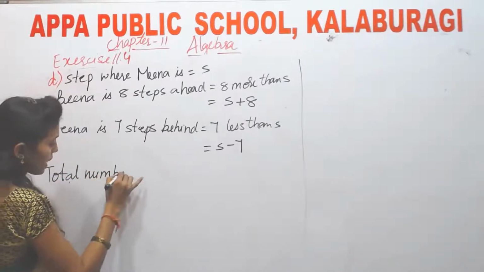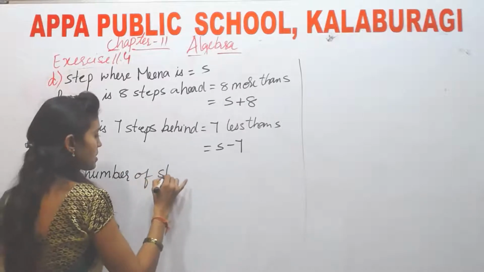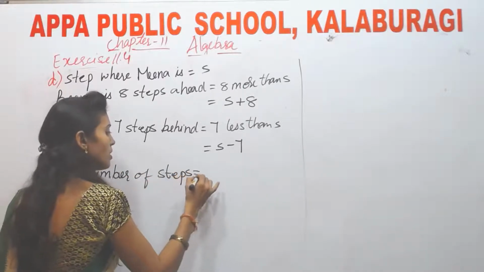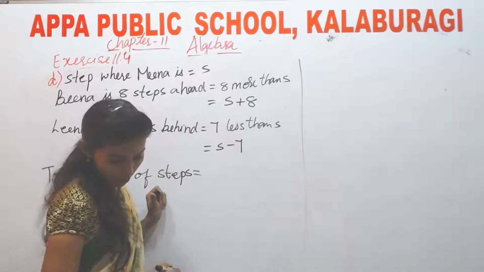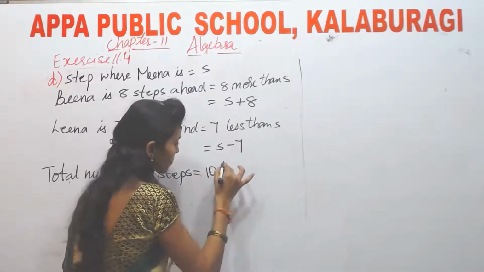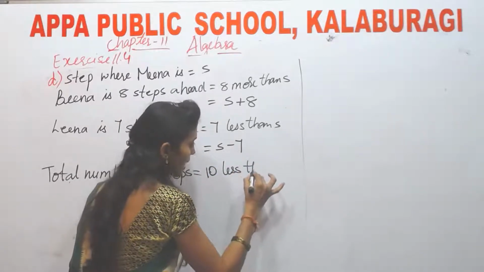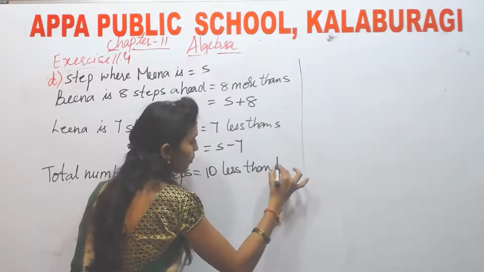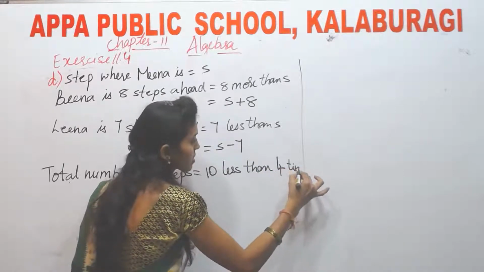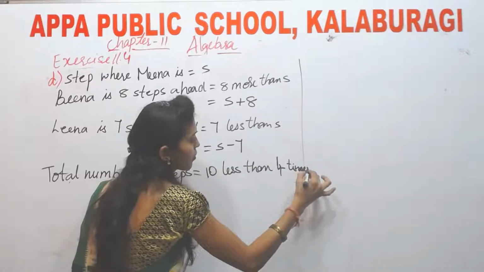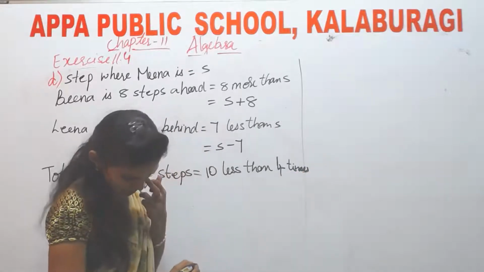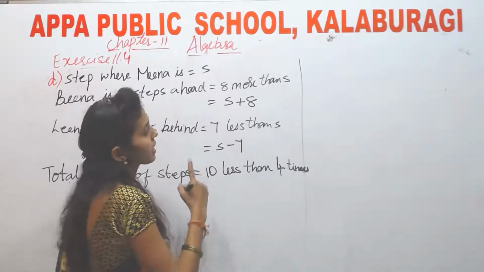Then the total number of steps is nothing but how many? 10 less than 4 times what Meena reached.